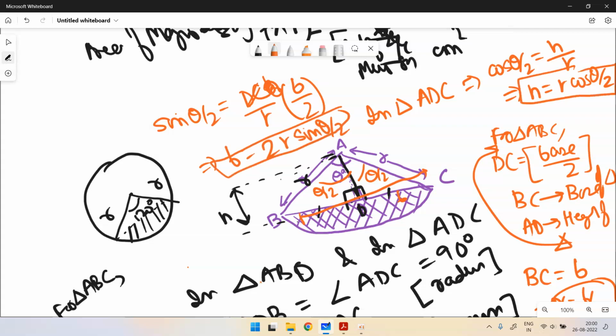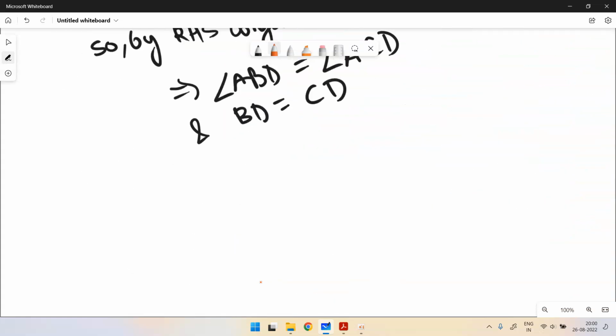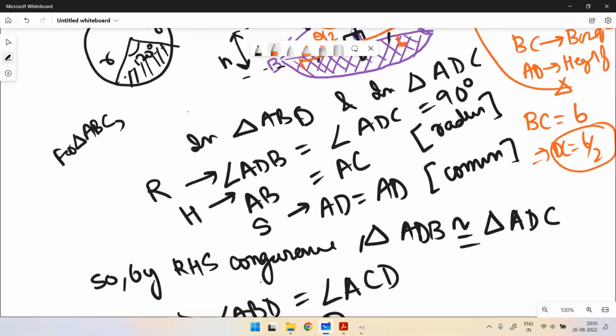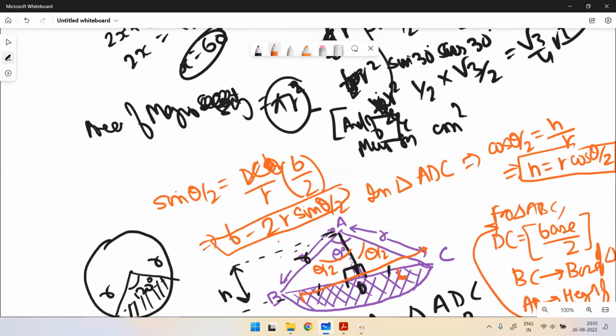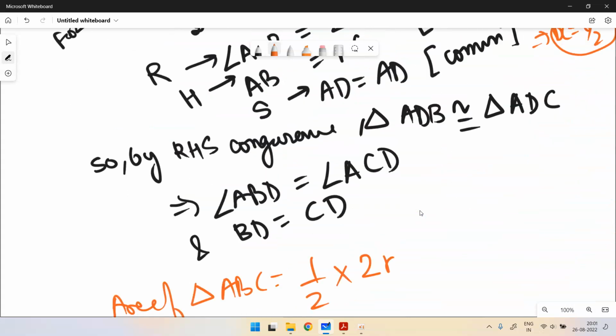H is r cos theta by 2. So the area of triangle ABC will be half base into height. The base is 2r sin theta by 2 into the height r cos theta by 2.